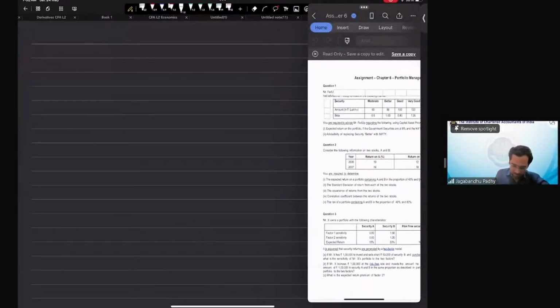So the securities that we have, for this question 1, we have security, then we have the amount, then beta.